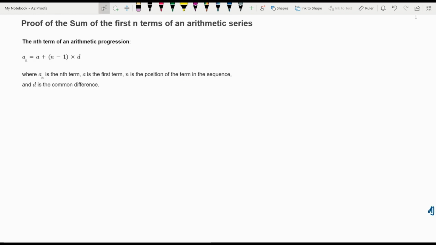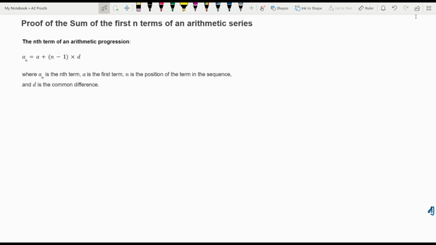Next, I'm going to demonstrate how to prove the sum of the first n terms of an arithmetic series. We know that the nth term of an arithmetic series is a_n equal to a plus n minus 1 times d, where a_n is the nth term, a is the first term, n is the position of the term in the sequence, and d is the common difference.